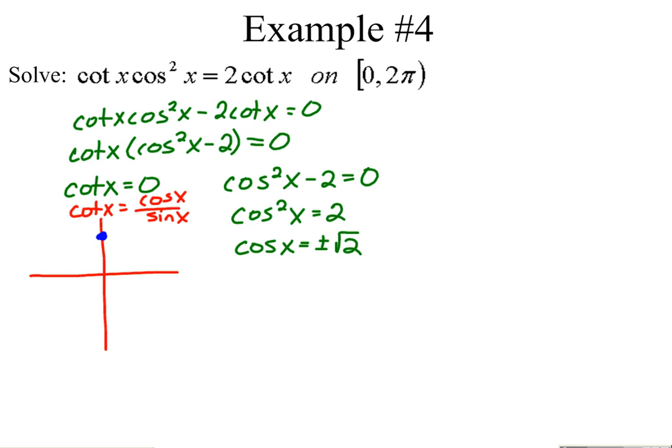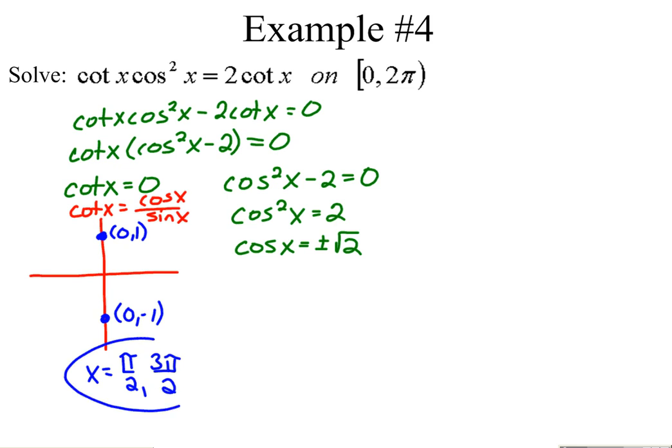So if cotangent is going to be 0, that means that cosine has to be 0. So on our quadrantal angles, where is cosine 0? Remember, cosine is the x-coordinate. Cosine is 0 up at pi over 2 and down at 3 pi over 2. So the two solutions we get from here are pi over 2 and 3 pi over 2.